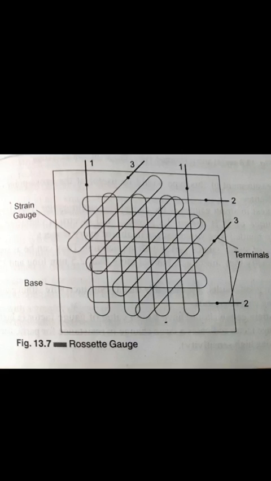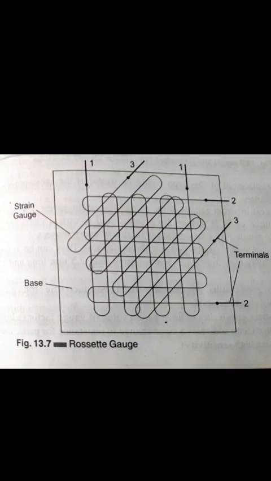The magnitude of the strain in each individual gauge is measured and used for the geometrical determination of the strain in the member. The figure shows a three-element strain gauge called a rosette gauge, in which the angle between the two longitudinal gauges is 45 degrees.